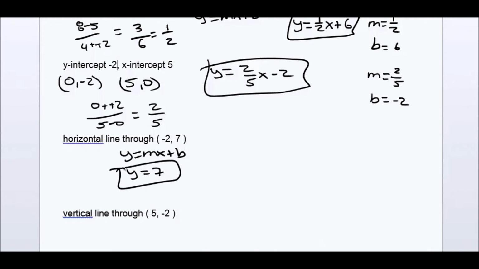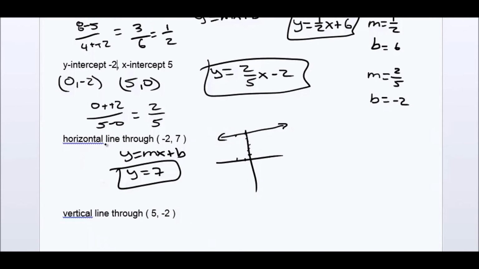That's your equation. So if you graphed it, your y-intercept would be 7. So that's, let's say, 1, 2, 3, 4, 5, 6, 7. Let's say it's right here, and it's a horizontal line going this way. And your point -2, 7, that is a point that lies on your line.